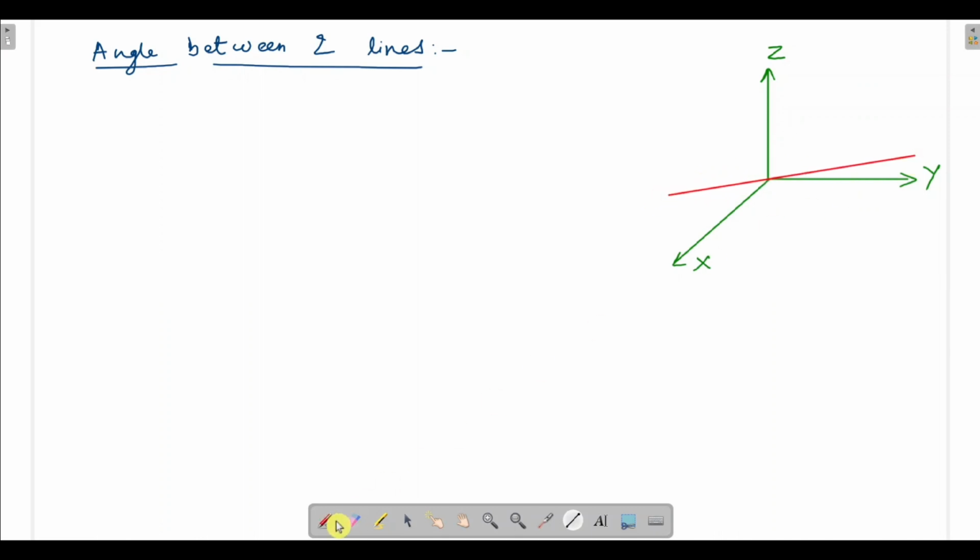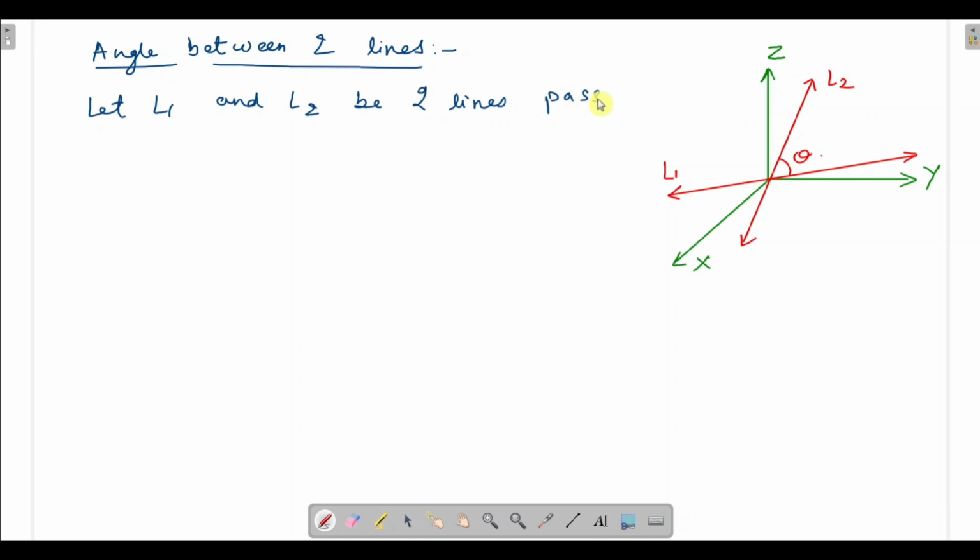This is one line and suppose this is the next line, say line L1 and line L2. Then the angle theta between the lines we can determine. We will look at the formula for the angle between two lines L1 and L2. So let L1 and L2 be two lines passing through the origin.